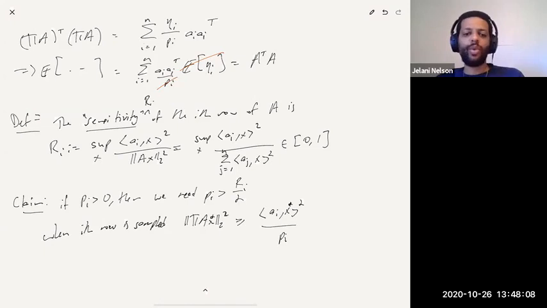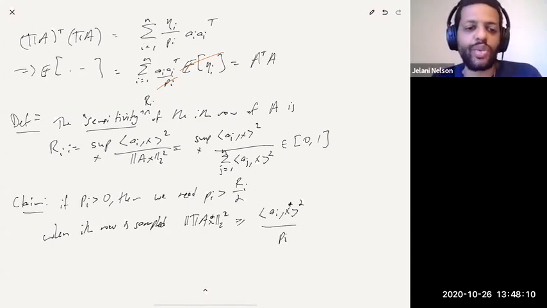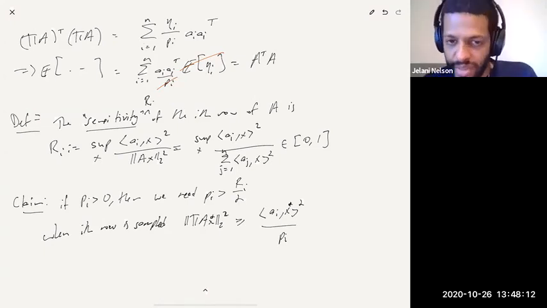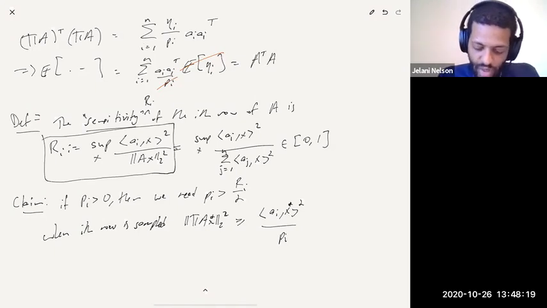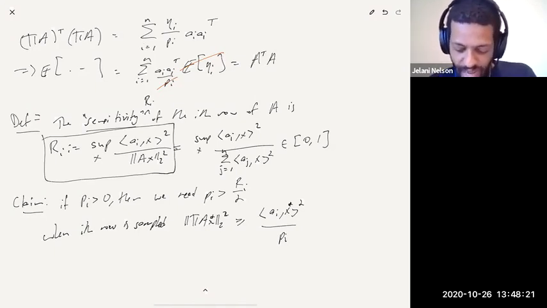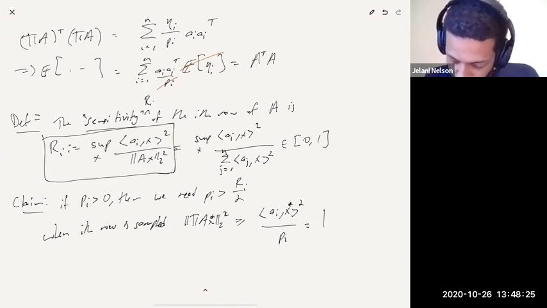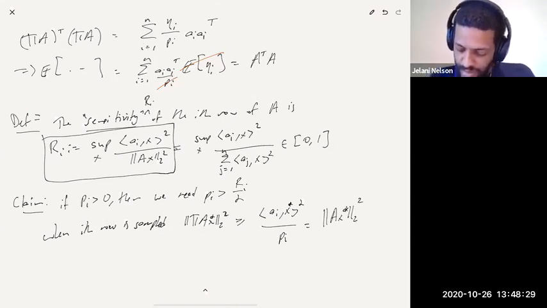Okay, what do I know about ai dot x star squared? That's equal to, just by rearranging the definition of Ri, now x star is the x that achieves the sup, ai dot x star squared is equal to the L2 norm squared of ax star, now times Ri, and then we had a division by pi.